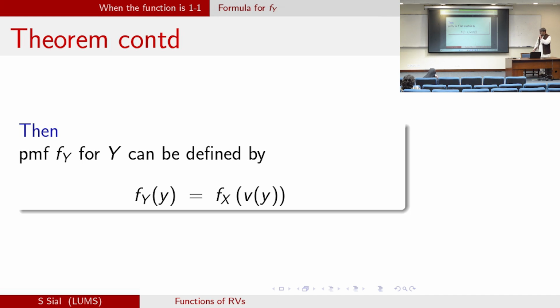It says that if you want the PMF for y evaluated at y, it is equal to the PMF for x evaluated at x equals v of y. Okay, the inverse transformation.